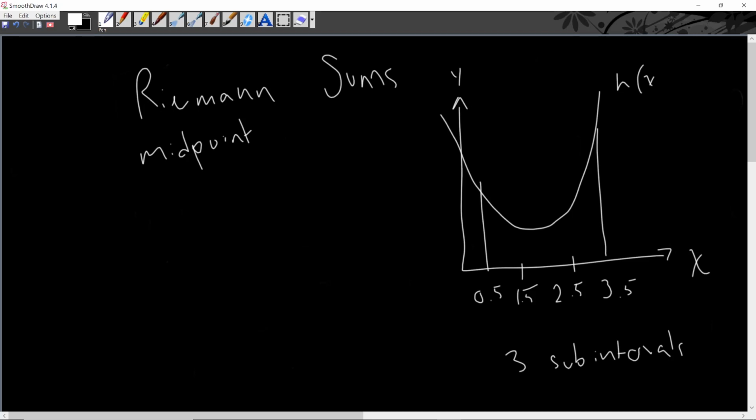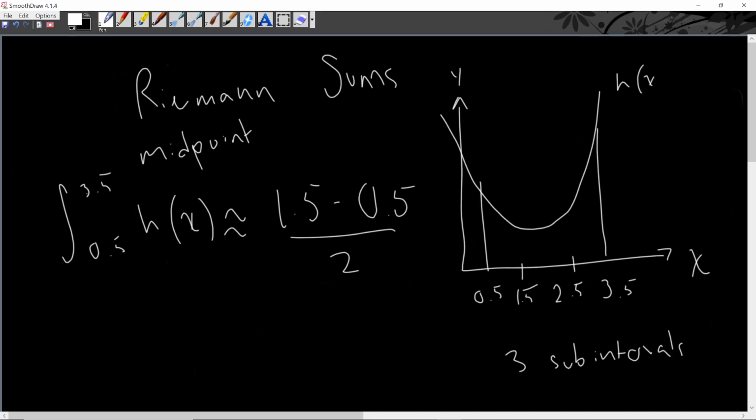So when we are doing a midpoint Riemann sum, I'm not going to write our formal definition again, but we're going to say the integral from 0.5 to 3.5 of h of x approximates roughly to the 1.5 minus 0.5 over 2 times f of that value, right?